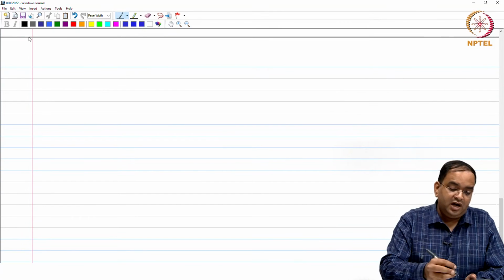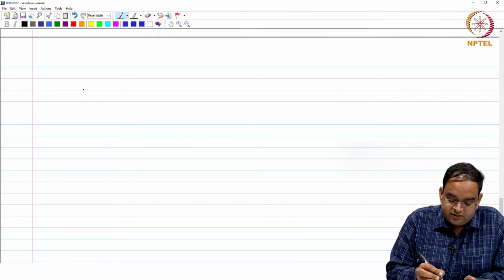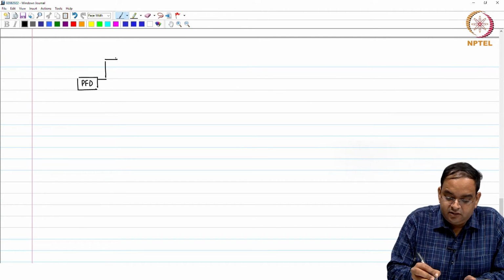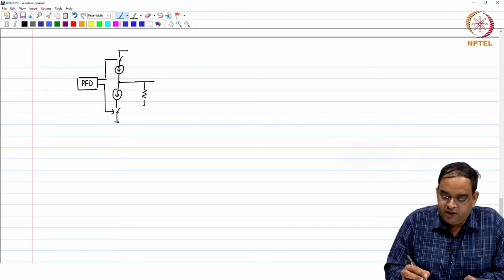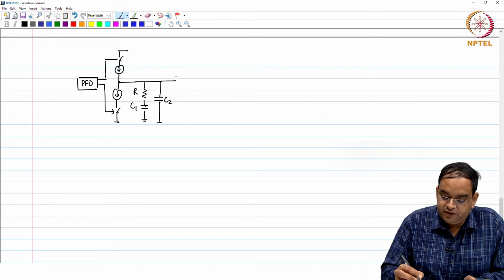So, now let us redraw our PLL with the ripple bypass capacitor. This is the charge pump, with another set of switches controlling it, and then this goes through a loop filter using R, C1 and C2, which goes to the VCO.